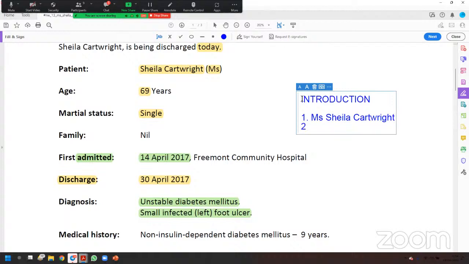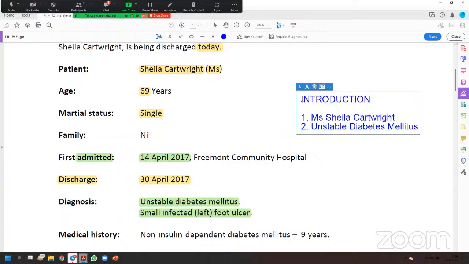Number two is the purpose, the present condition. The present condition is unstable diabetes mellitus.